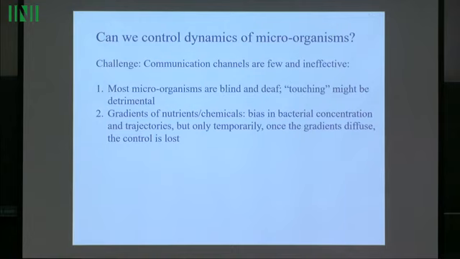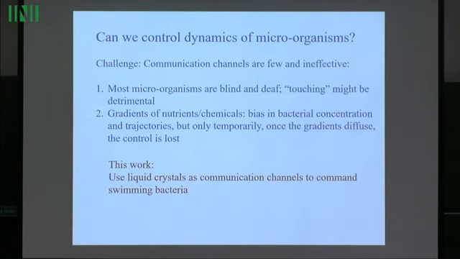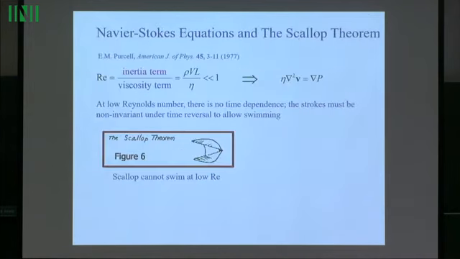And touching is not exactly the best thing to do. Gradients are good things, but they are transient. So whenever you have a gradient, you would soon realize that it's gone. And then you need to do it again. And so this is the question, how to communicate to the bacteria what we want out of them. And so what we propose is to use a liquid crystal as the structured environment that can help us to tell the bacteria what we want them to do.